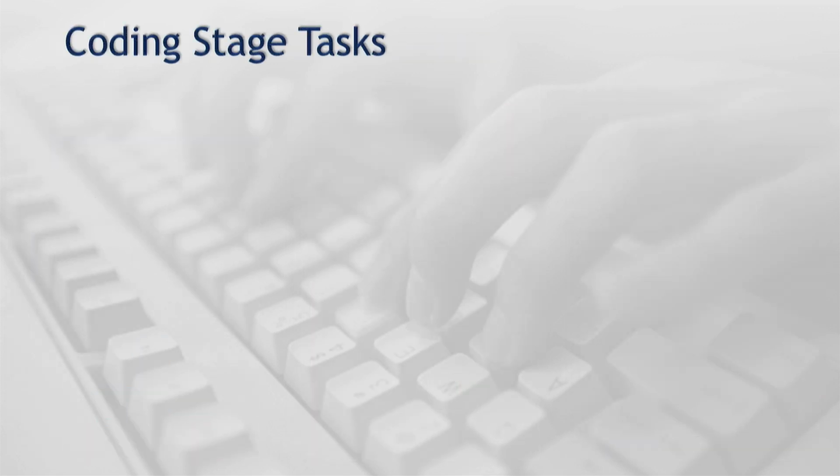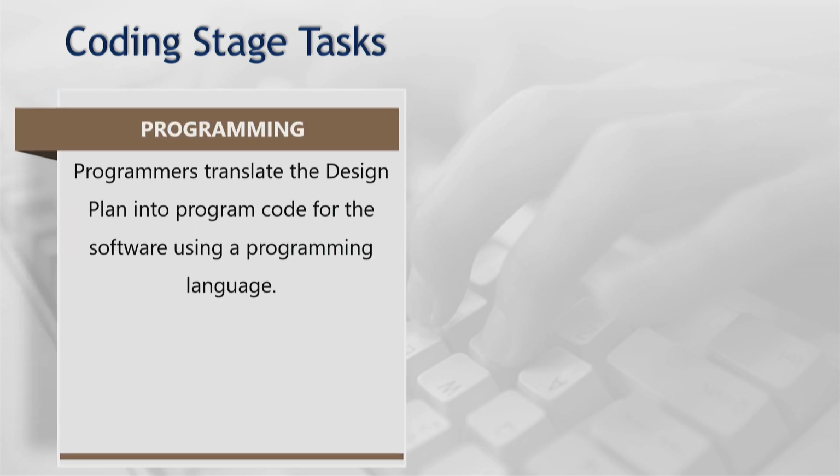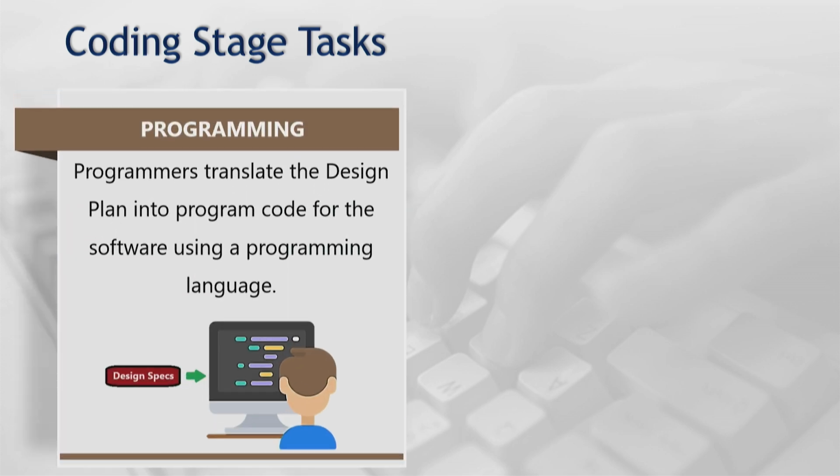Next is the coding stage. Two main tasks are performed in this stage. They are programming and iterative testing. Programming is done by programmers. They translate the design plan obtained from the design stage into program code using a programming language.